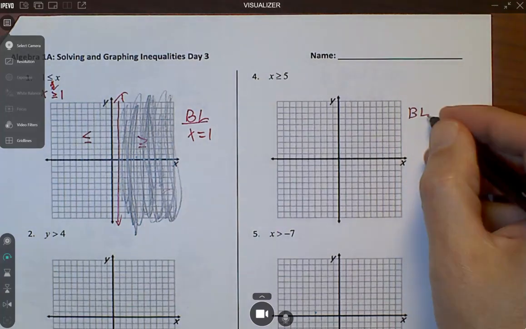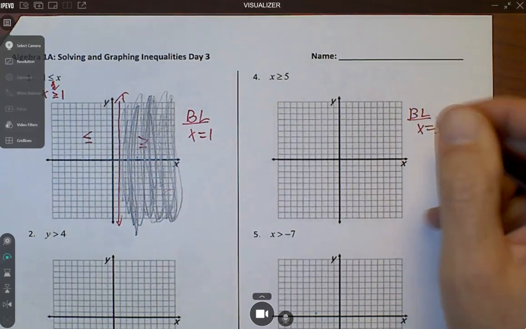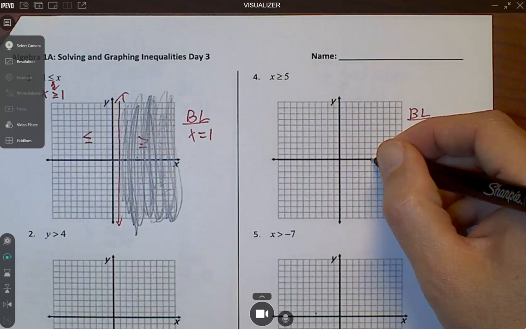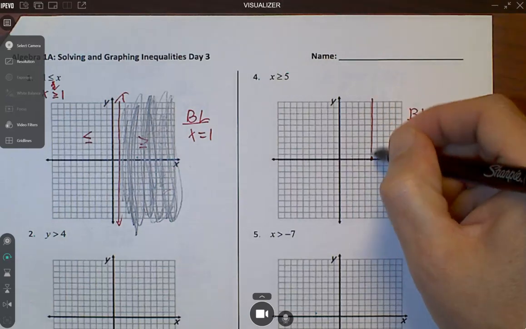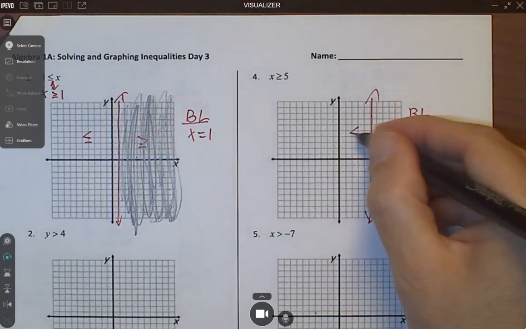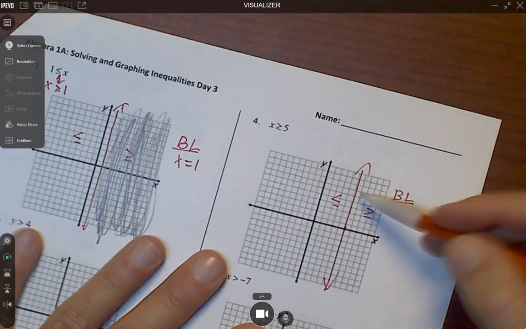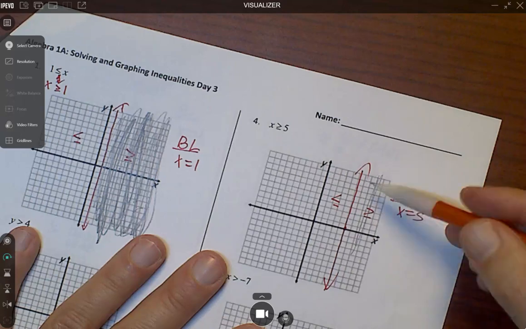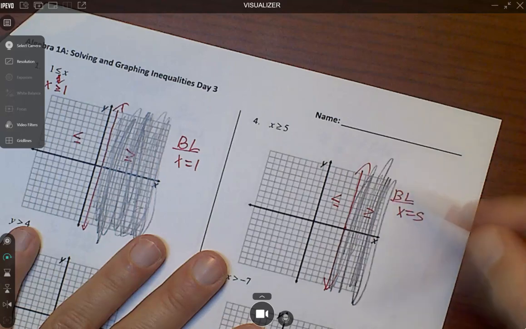Boundary line. Solid. Greater than or equal to is that way. Less than or equal to, the x's are getting bigger. So we're going to go right. Sorry.